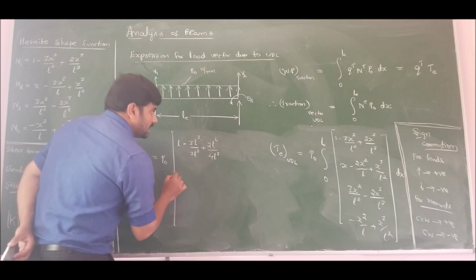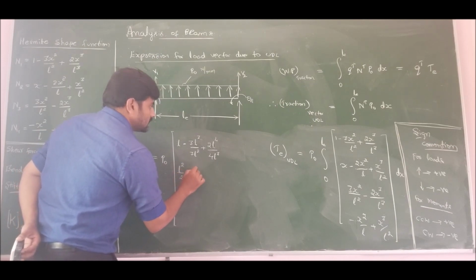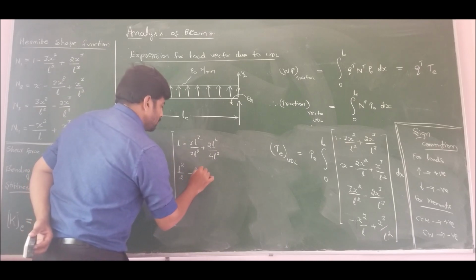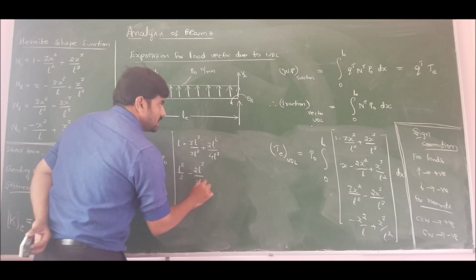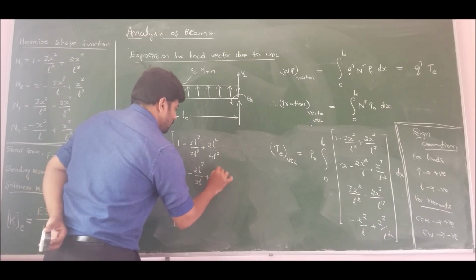Integrating N2, x gives x square by 2, so L square by 2 minus 2 times L cube by 3L plus L to the power of 4 by 4 L square.